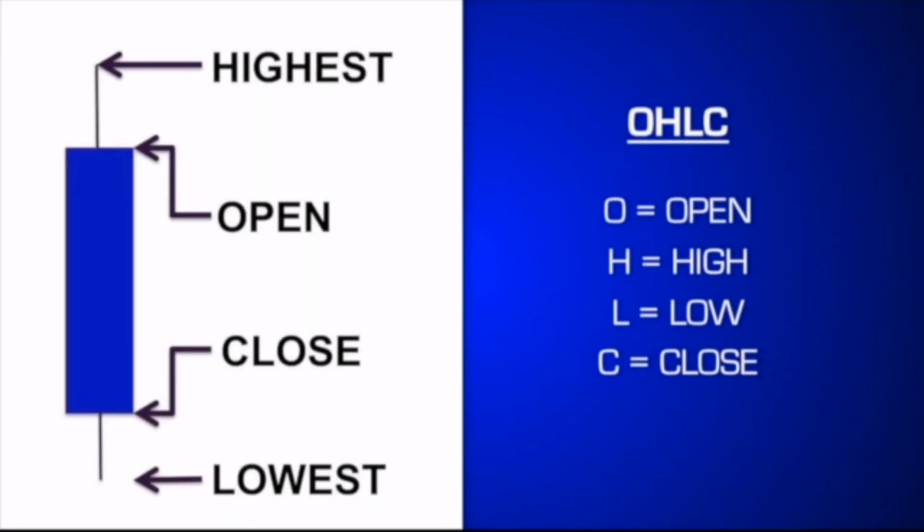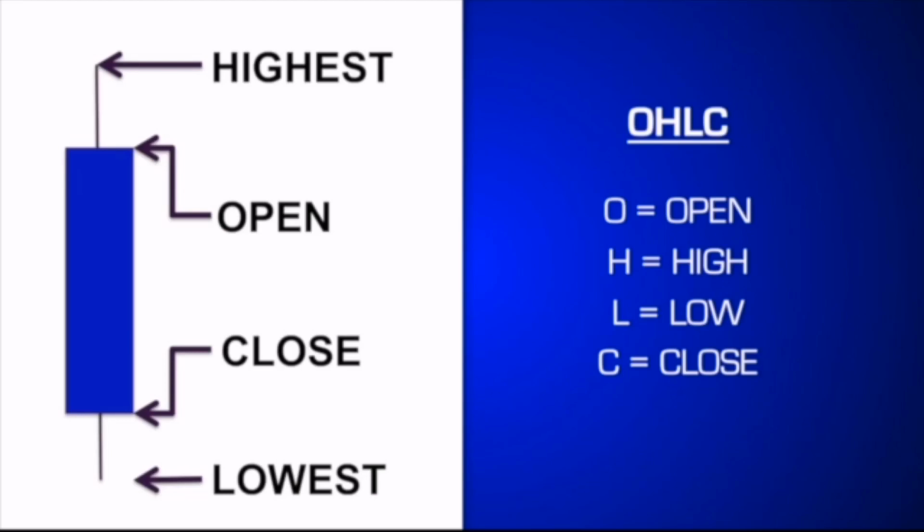So I mentioned an OHLC chart. What that actually stands for is open, high, low, close. If you look over at this picture, you have the top of the wick, the very tippy top where you see the arrows pointing to highest. That means this was the highest that this candle has reached.